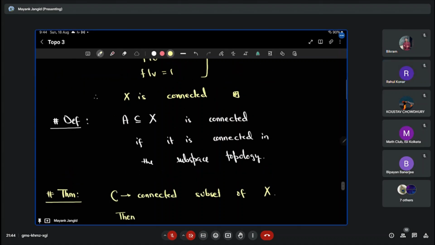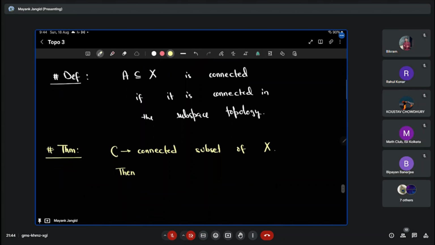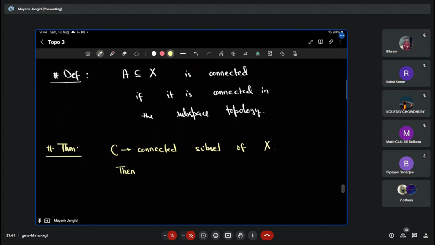Yes. So earlier we defined connectedness just for topological spaces. Here we are extending the definition to the subspaces of a topological space by using the subspace topology of the original set.